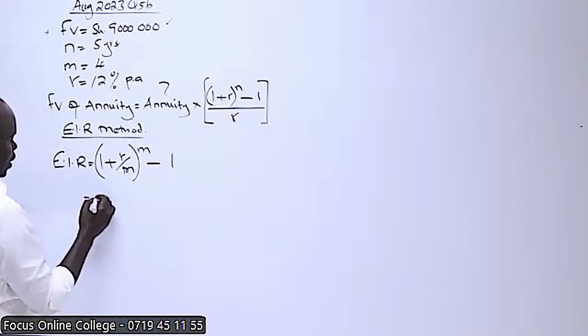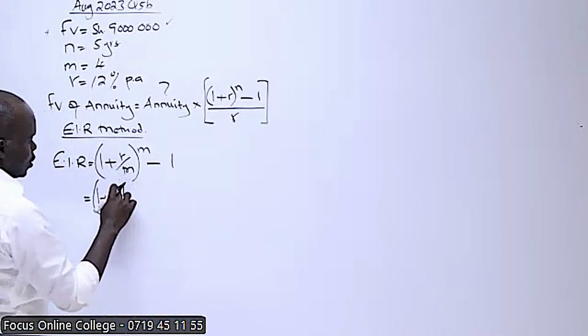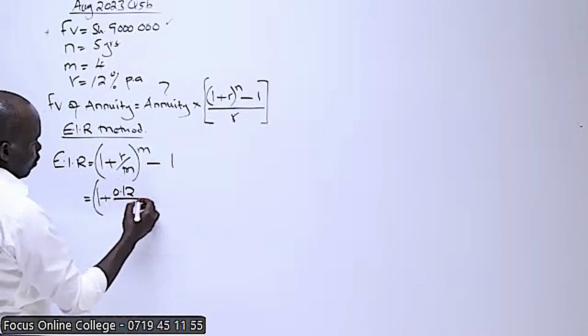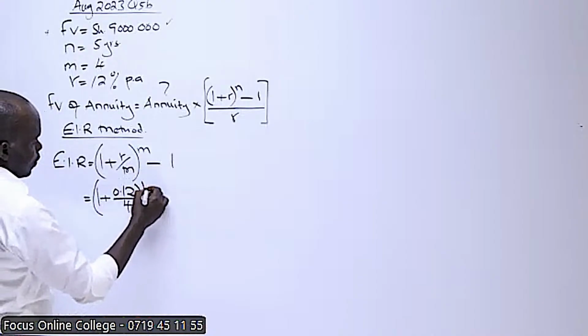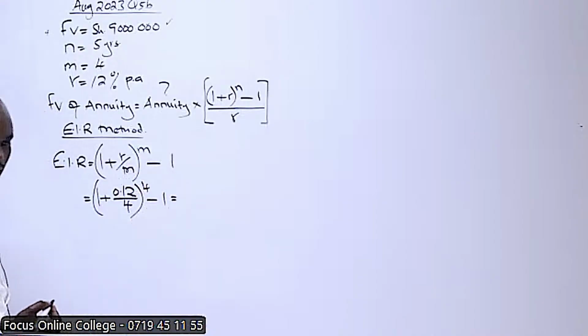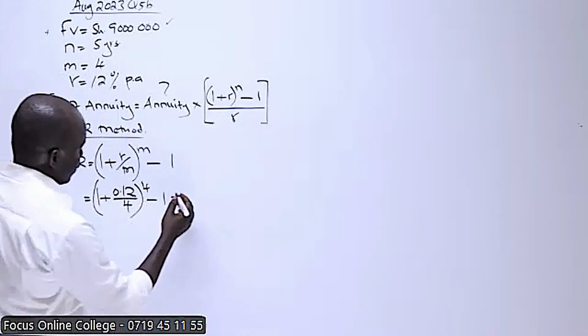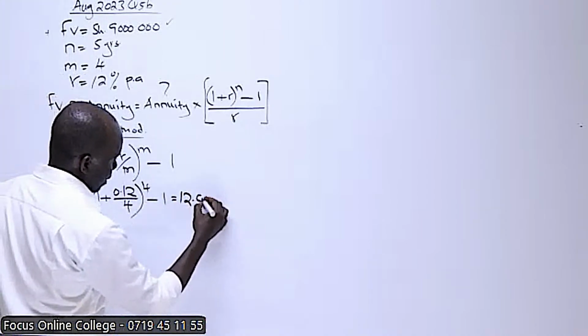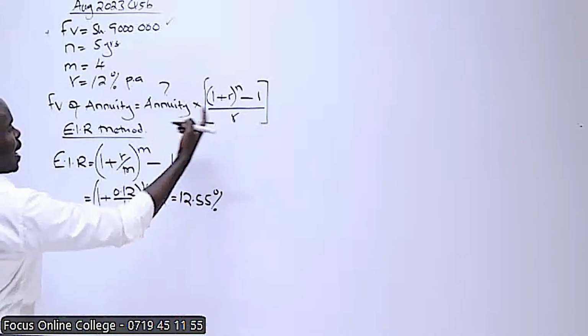So the effective interest rate is 1 plus 0.12 over 4 power 4 minus 1. Get the effective interest rate: 12.55%. Now this is what we are going to apply as our R.